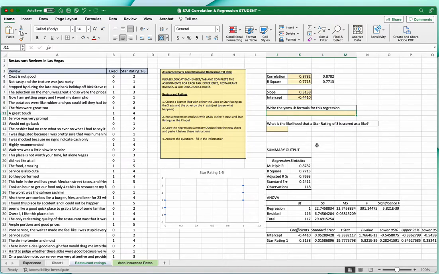Now it says write the equation for this regression.